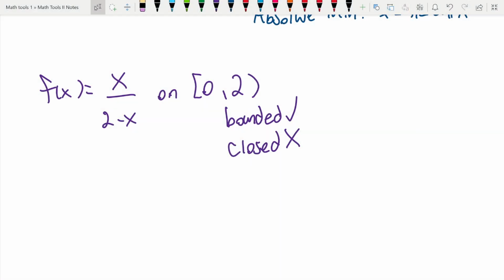So in this case, because 0 is included in that endpoint, we would have an absolute minimum, an absolute min at x equals 0. Okay.